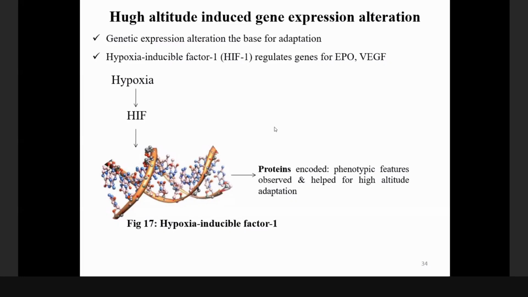So proteins are synthesized and there are phenotypic changes, changes you can see, observed in people who are living at higher altitude. That's called higher altitude adaptation. So you should know that these changes are made in human beings when they are exposed to higher altitude.